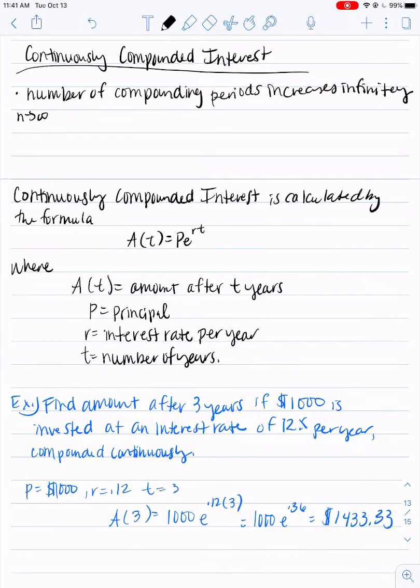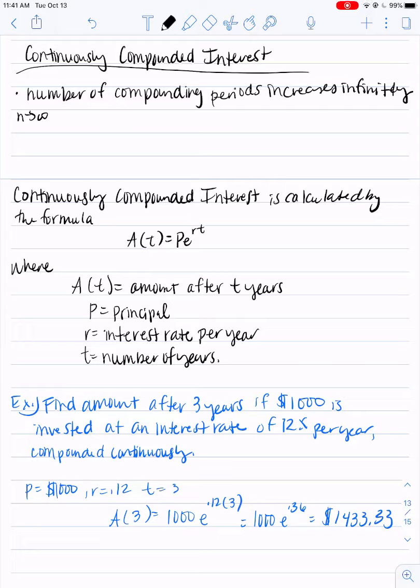Alright, so now we're going to learn about continuously compounded interest. This is as the number of compounding periods increases infinitely, as n approaches infinity.